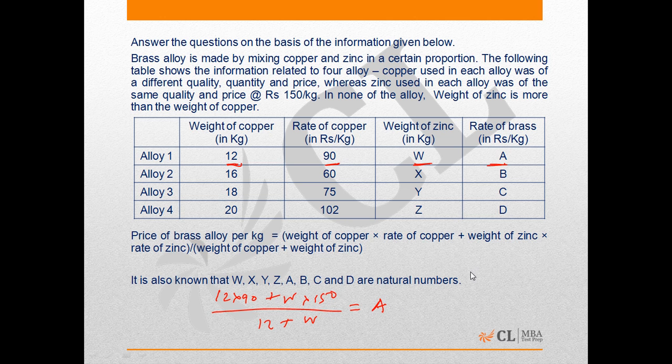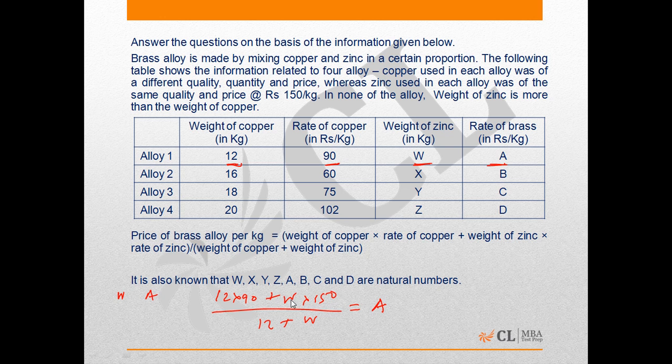So there are two variables, A and W, and the value of A is dependent on the value of W. We know that the weight of zinc is not more than the weight of copper in any alloy, which means in alloy 1 the value of W cannot be more than 12.